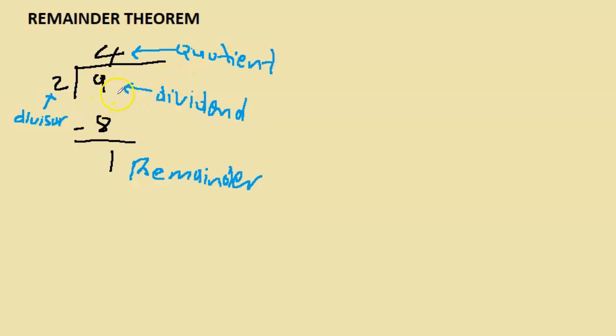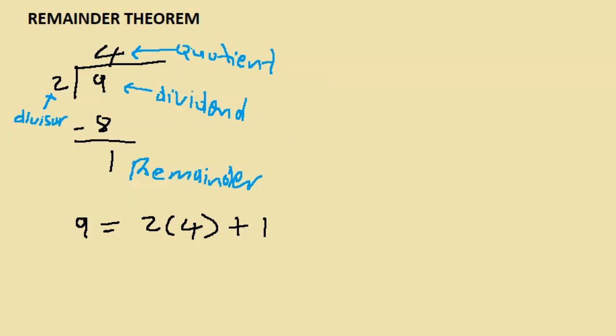In other words, another way of rewriting the dividend: 9 is equal to the divisor times the quotient, 2 times 4, right? Plus the remainder, which is 1. You can always rewrite 9 like that.